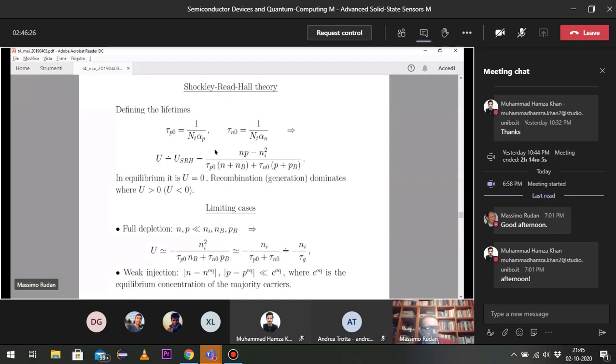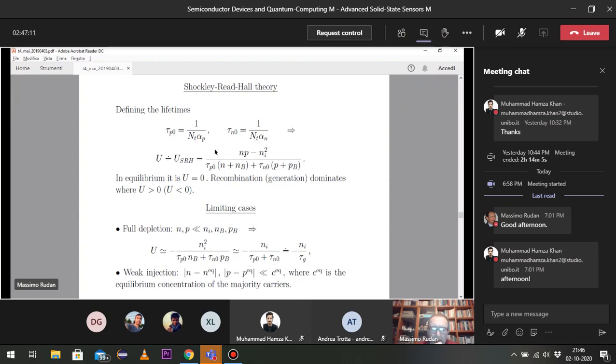Full depletion is the condition of a region that may occur in some working condition of the semiconductor, such that in that region the electron and hole concentrations are negligibly small with respect to the intrinsic concentration. And you remember the intrinsic concentration NB and PB are of the same order, okay? So full depletion occurs when N and P are much smaller than Ni, NB, and PB, okay?